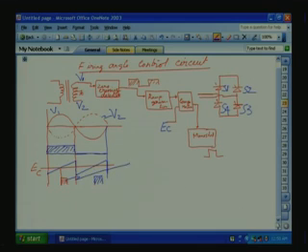So, this is for S1, S3 pulses, and this is for S2 and S4. By controlling EC, we can have the firing angle from 0 to 180 degrees. Now, how do you generate this ramp? It is very easy. You give it to an operational amplifier circuit. I will draw this one here.